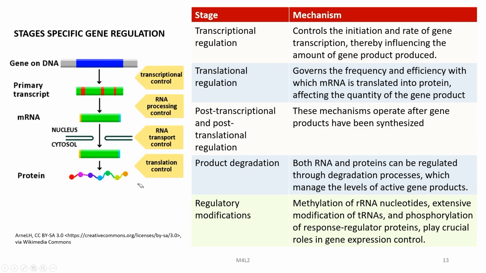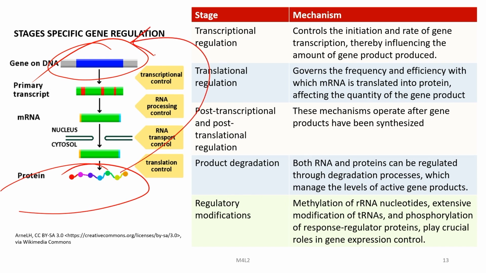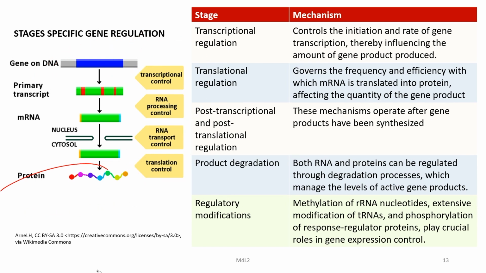Then these are transported to be translated, and there will also be control at this stage. So, this is RNA transport control, and then before translation there will also be translational control. So, there is control in each and every step involved in the production of protein from the DNA through the process of mRNA formation.